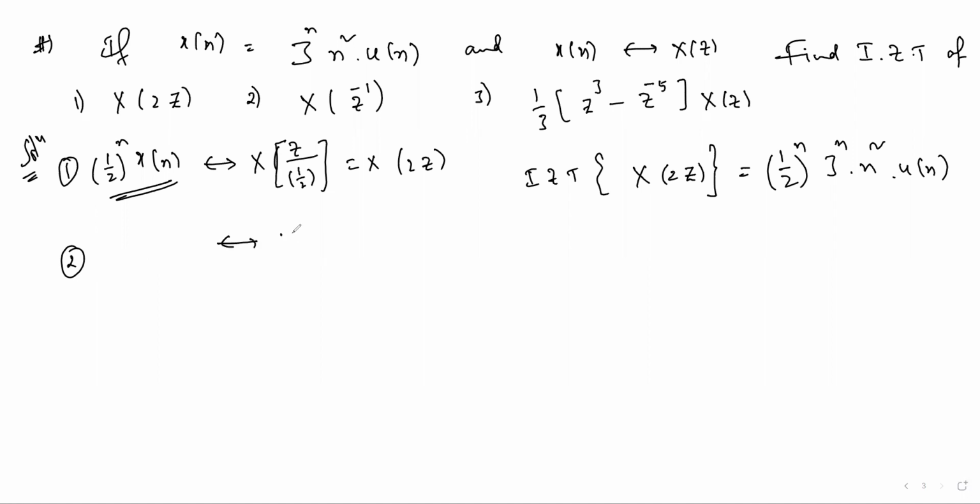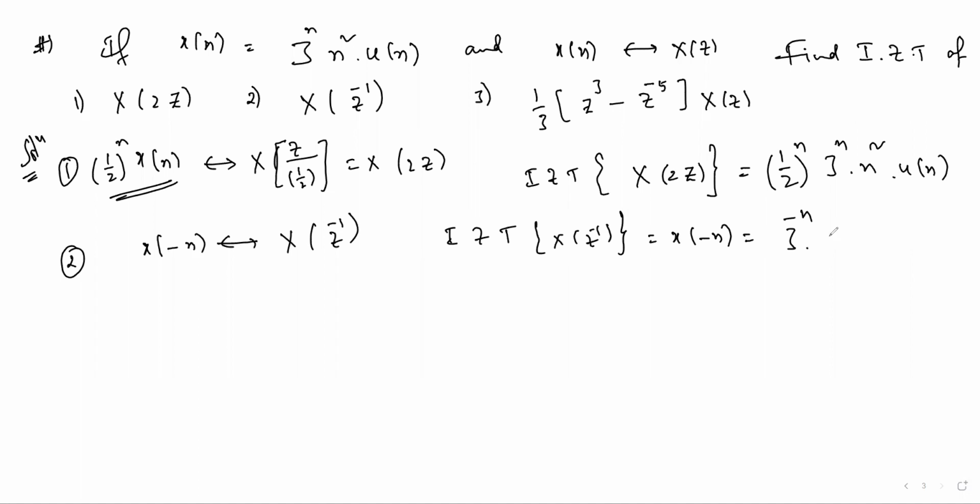Inverse Z transform of X of z inverse. You know the time reversal property, x of minus n. So the inverse Z transform of X of z inverse is x of minus n, which is nothing but 3^(-n) into n square u of minus n.